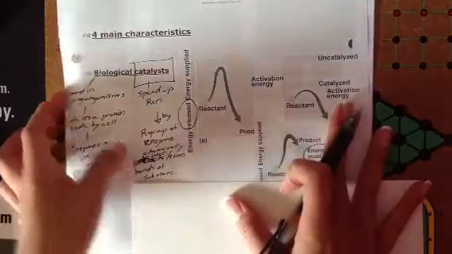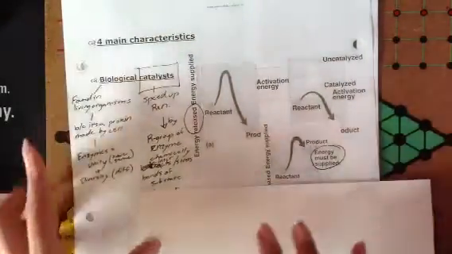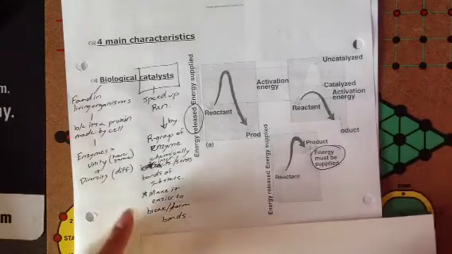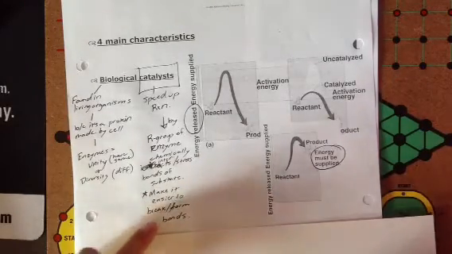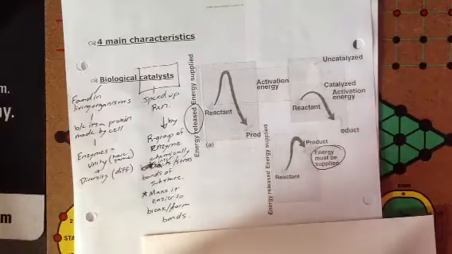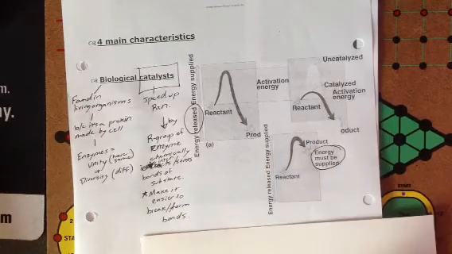And remember that the substrate is the reactant of the reaction. It's what's being worked on. And so what this means is that it's going to make it easier to break or form bonds within that substrate, so between the substrates or within that substrate by itself.